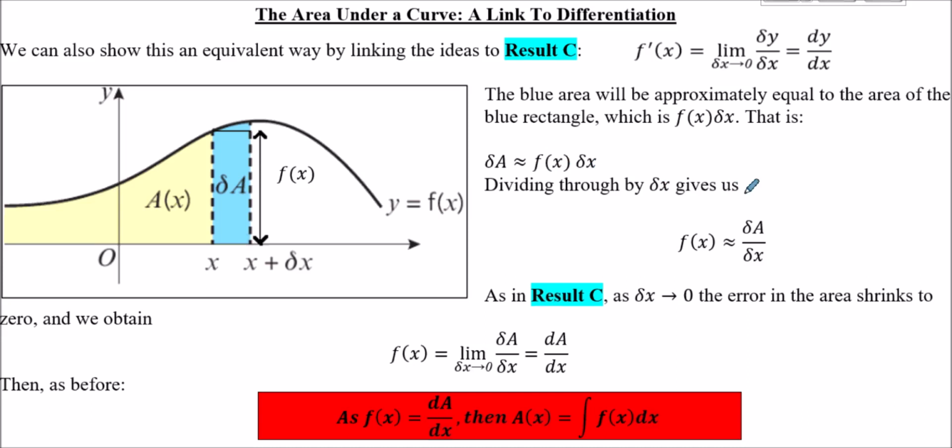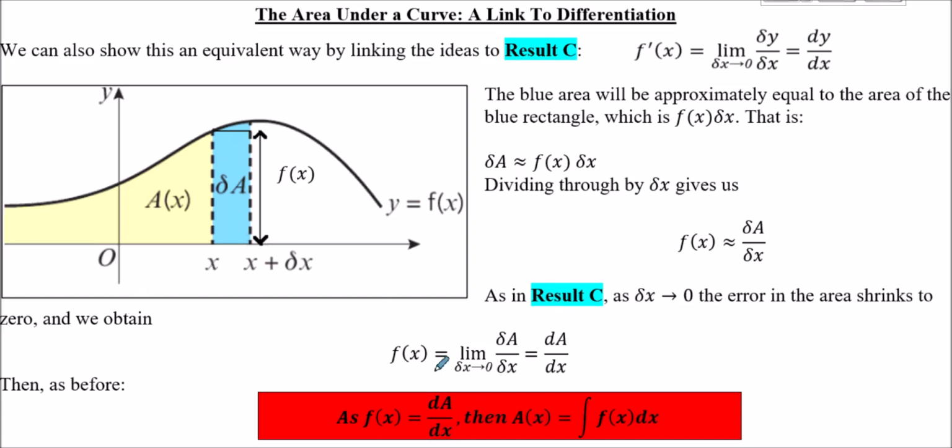Dividing through by delta x gives us that the function of x is approximately equal to delta A over delta x. Then exactly in the same way as result C, if we let delta x approach 0, then the area shrinks to 0, like we showed previously.